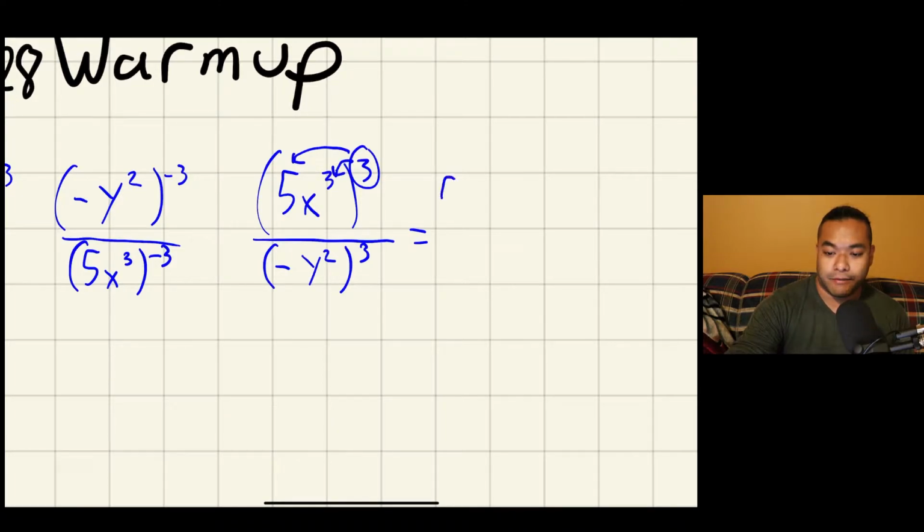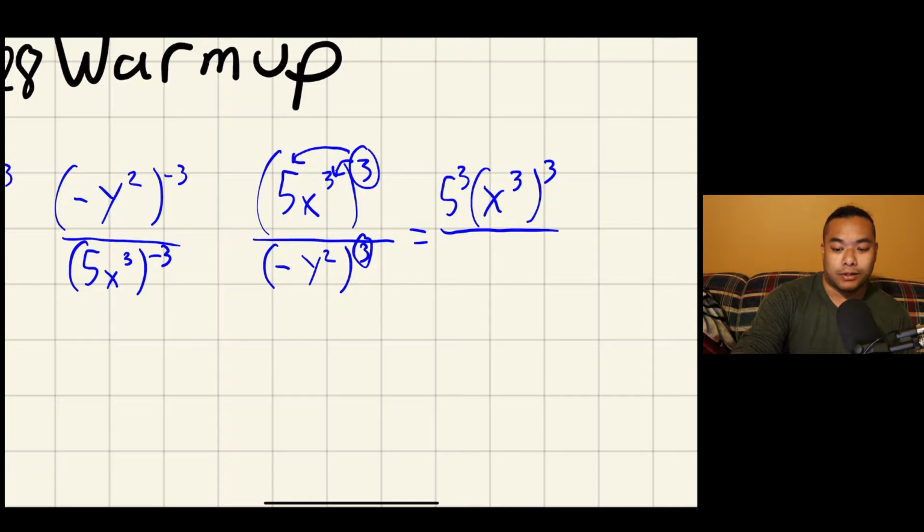So that's going to be 5 cubed and x cubed over, let's see, that negative 1, I'm not going to write it, but if I distribute this third power to both, that'd be y squared cubed, and all I know is that this negative is going to stay, because negative times negative is positive, times one more negative is back to negative. So we're going to have the negative out front, and y squared cubed.